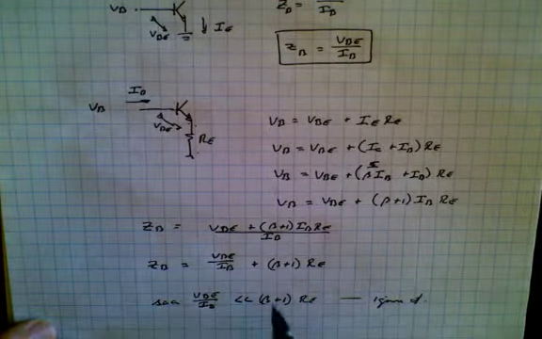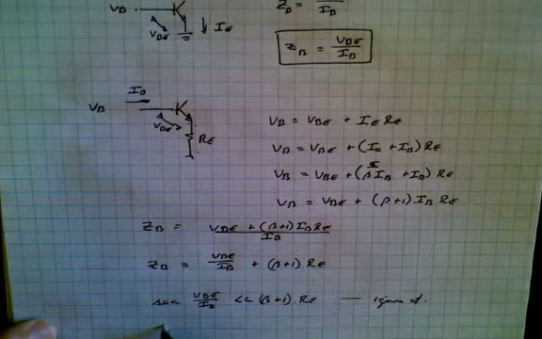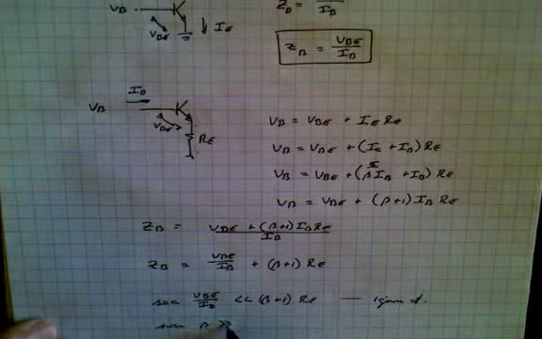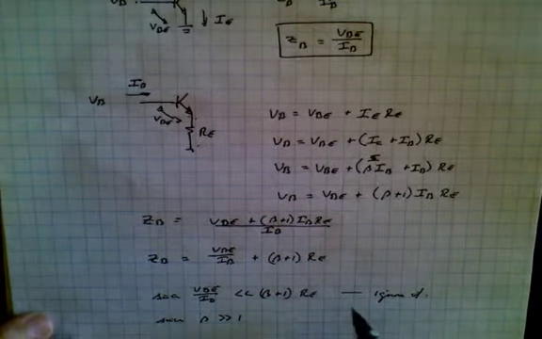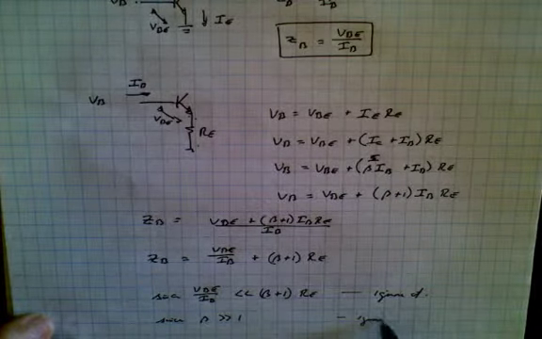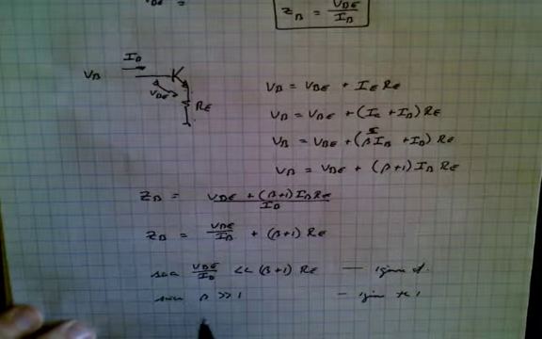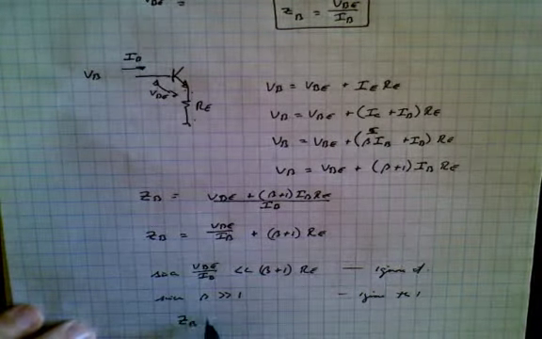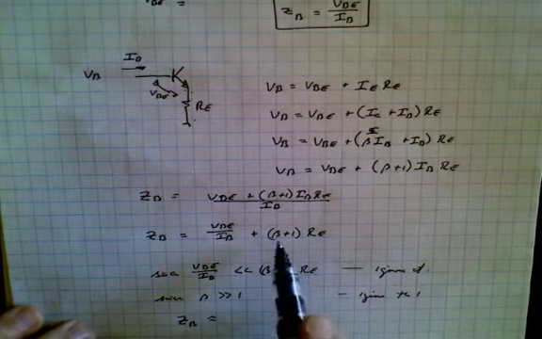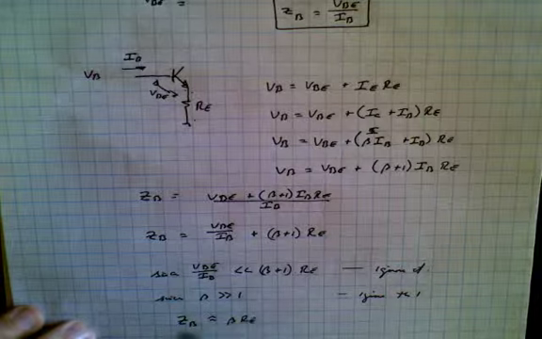And they make the second assumption that since beta is much, much greater than 1, ignore the 1. And so you'll notice that most textbooks will say that the input impedance is approximately equal to simply beta times the emitter resistance.